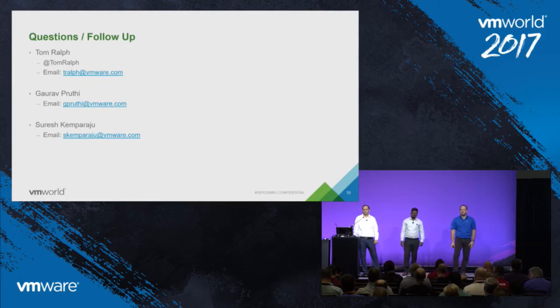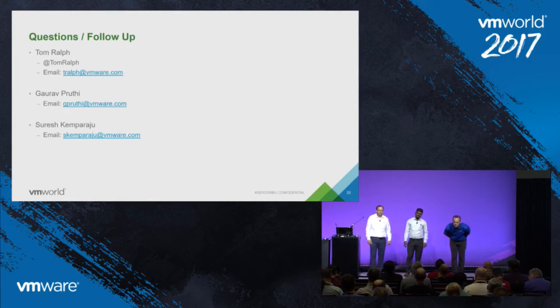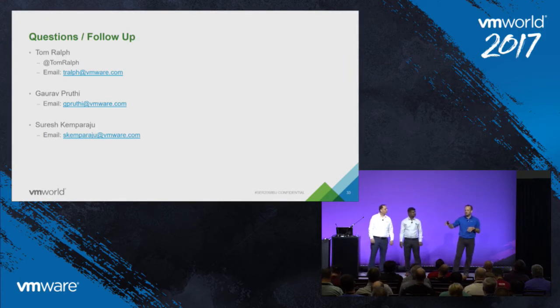Yes, sir. For the SRM upgrade and the vSphere upgrade, you follow a particular order for SRM and vSphere because the witness node and other things become more complex. So the question was, for the SRM upgrade, did we look at the witness node and everything and do those upgrades? If you see, there's a VMware KB article on that, with the sequence that you need to follow to do the upgrades.